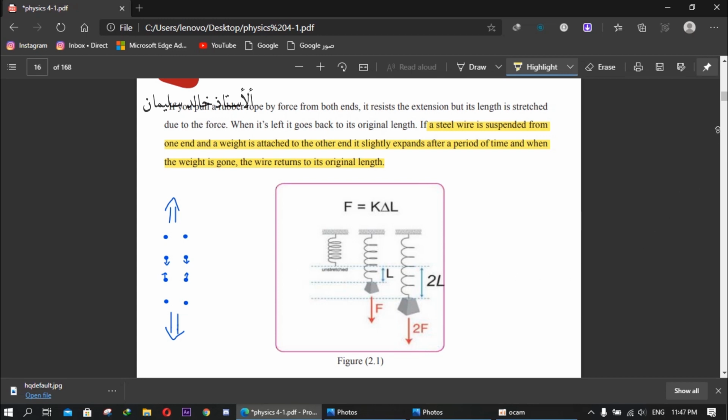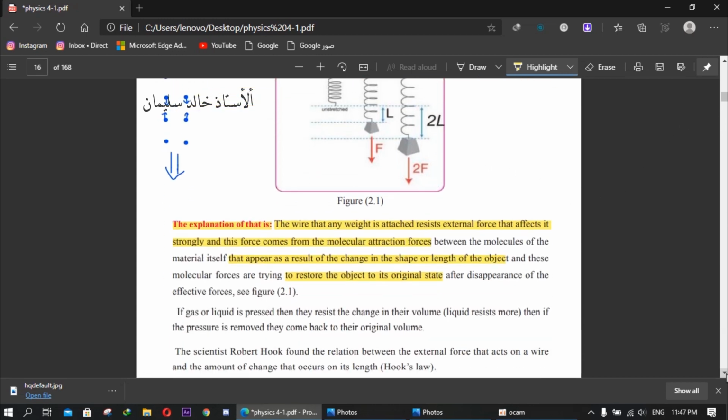So the explanation is: the wire resists the external force that affects it strongly, and this resistance comes from the molecular attraction forces. These forces appear as a result of the change in the shape or length of the object, to restore the object to its original state.